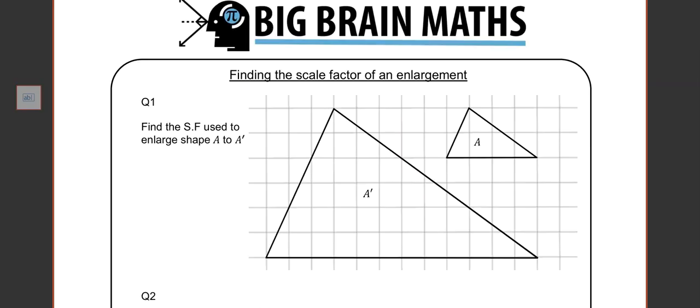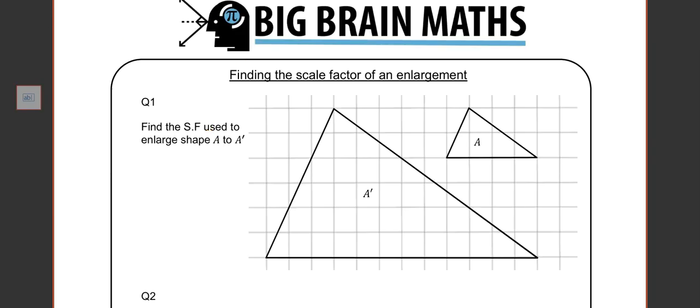So finding the scale factor. So that's what SF means. Now, when you apply any kind of transformation, what becomes the what? What's the vocabulary? The image becomes the... other way around. The object becomes the image.